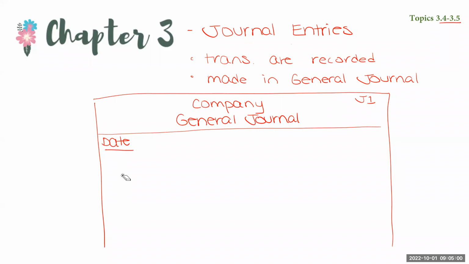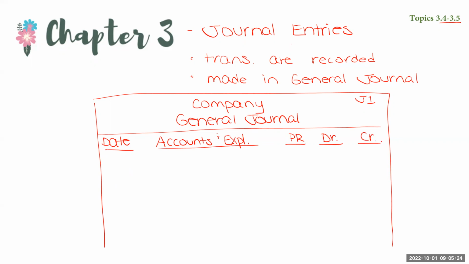That way you can find your transactions based on date. We're going to organize them differently later, but in the general journal, they're organized by date. That's why your date column comes first. Then we have accounts and explanations. We have a posting reference column and a debit column and a credit column.